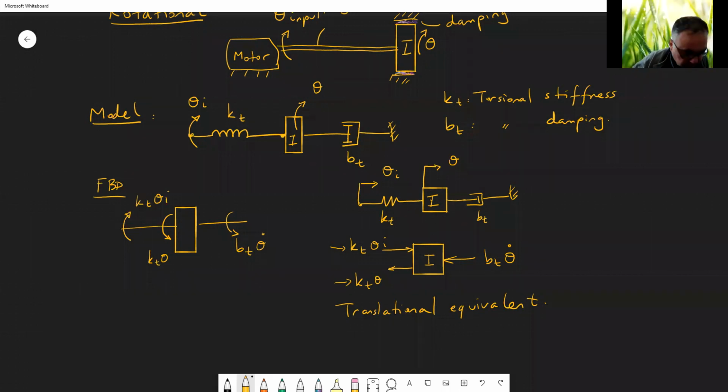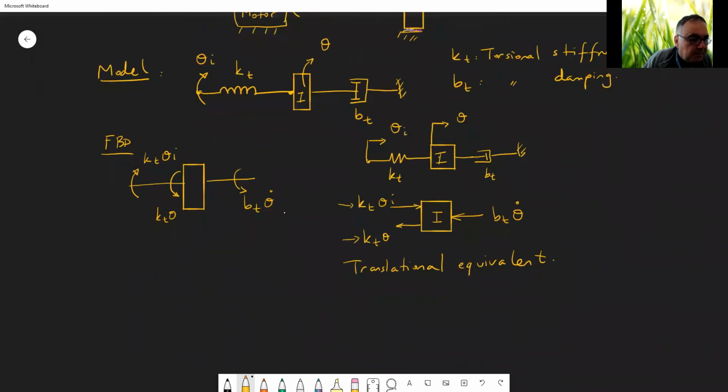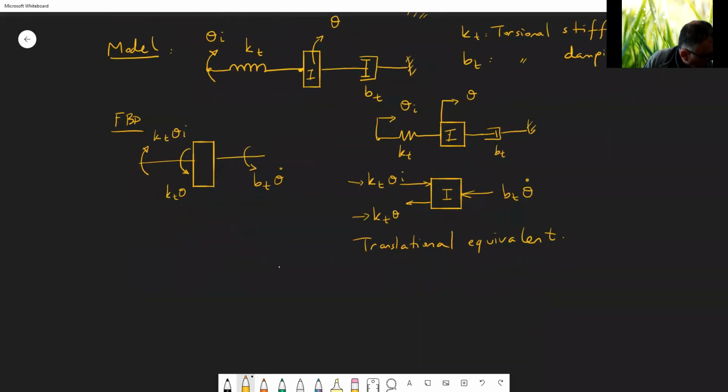So, we can do the following. Take the first case, where we are going to do a superposition.